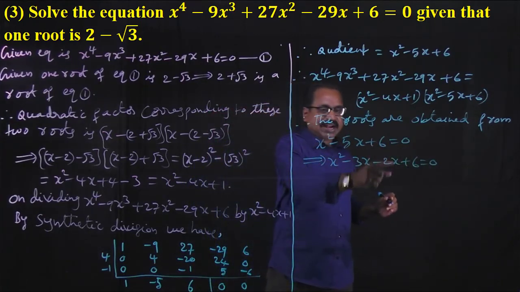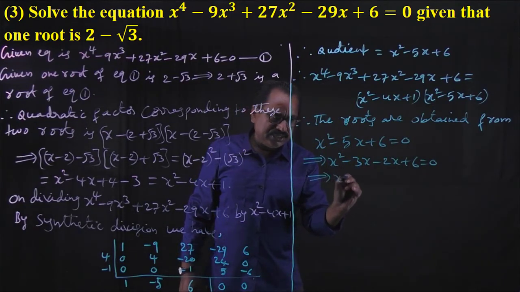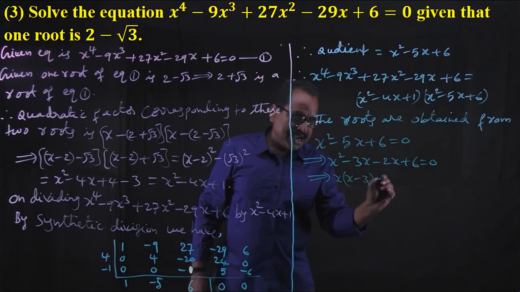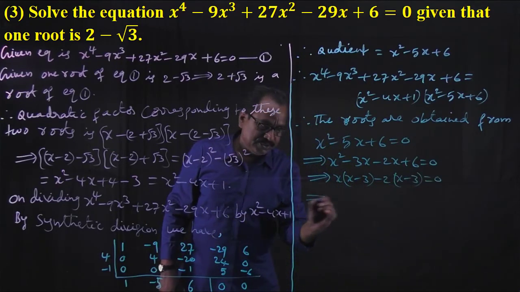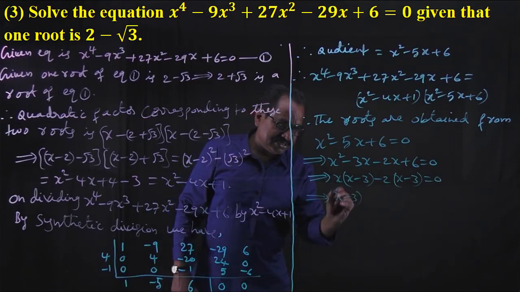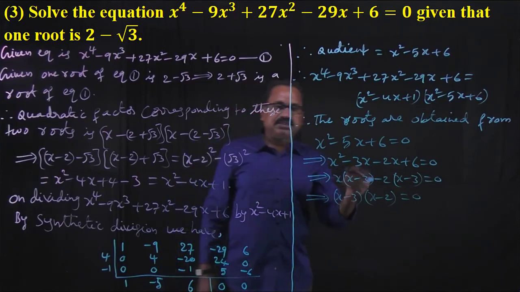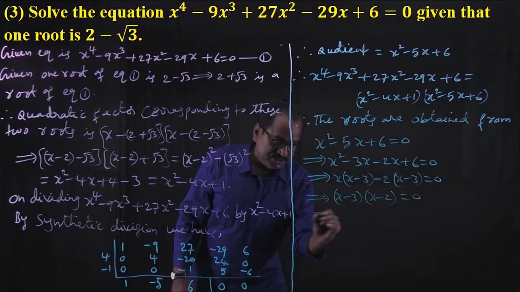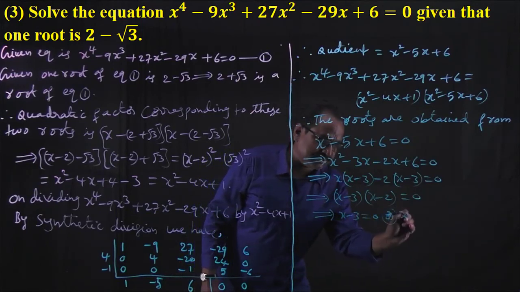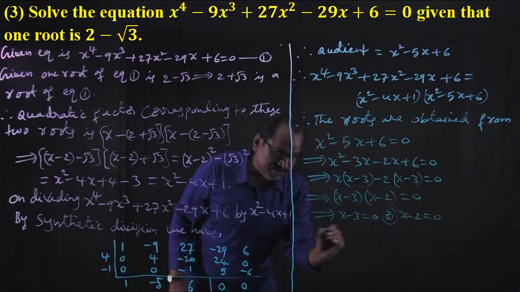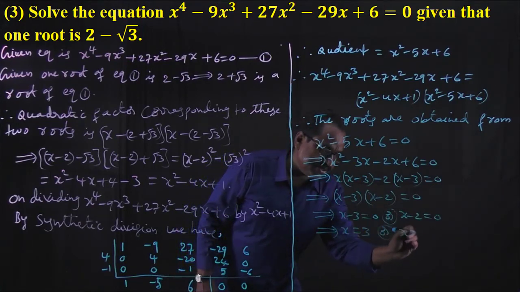So 6 factors, 3 and 2. So here x into x minus 3 minus 2 into x minus 3 is equal to 0. This implies x minus 3 into x minus 2 is equal to 0. This implies x minus 3 is equal to 0 or x minus 2 is equal to 0. This implies x is equal to 3 or x is equal to 2.